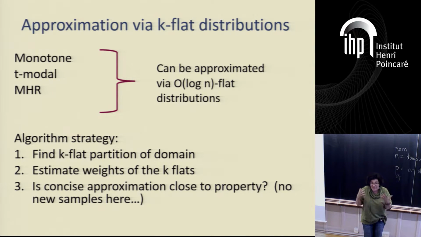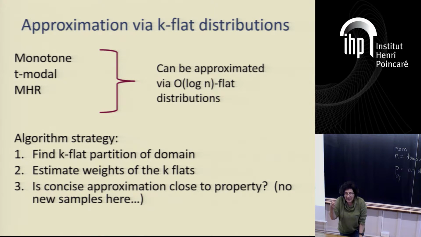If I knew it was a k-flat distribution, then I could try to learn the edges of the k-flat distribution, and then I could try to learn this distribution. I would say I only have to look for k breakpoints, and then maybe I'm done. But I don't know that. Maybe on each flat, it's very far from uniform, but it kind of looks uniform.